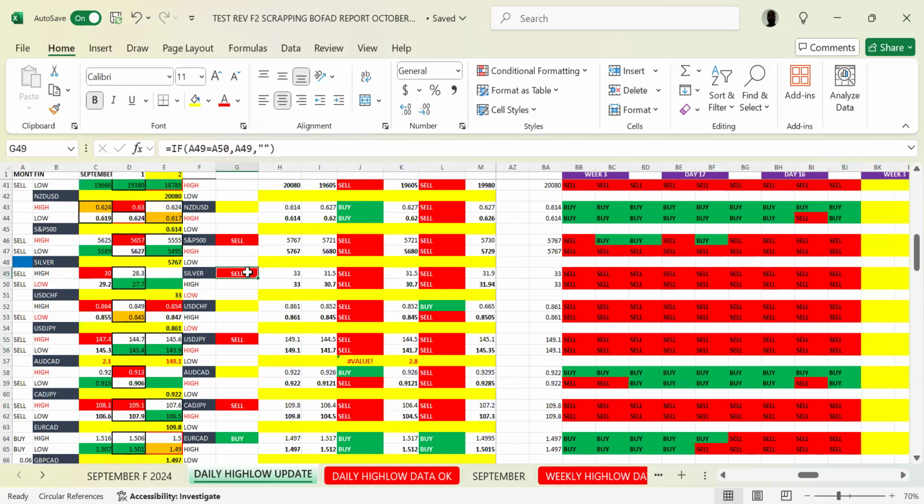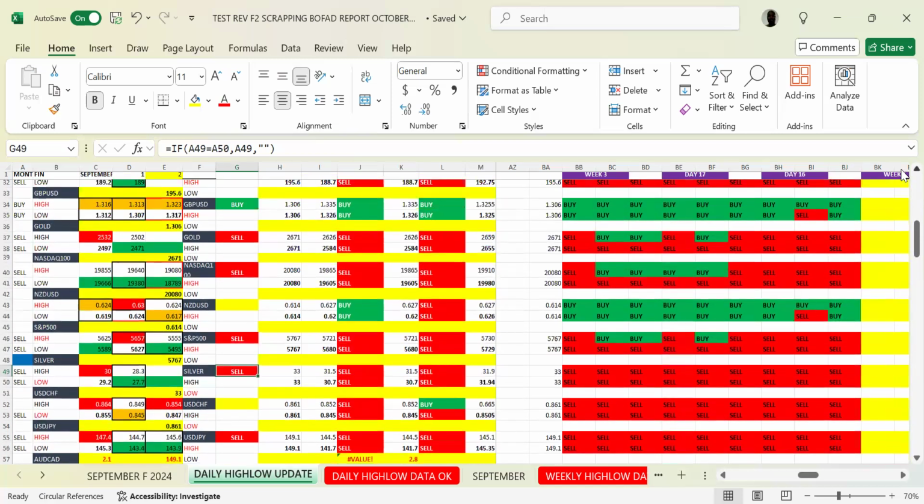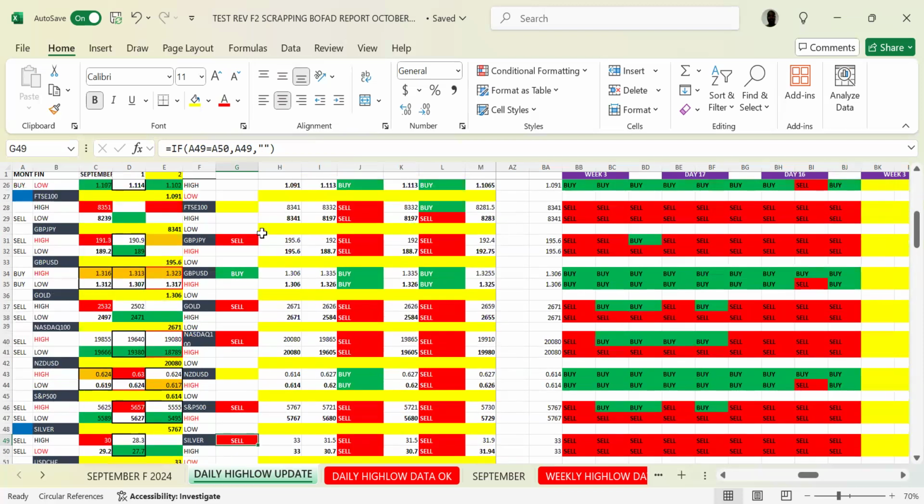Silver and gold, silver and S&P, you can see we have sell on the left, we have sell on the right, which gives us more information as well. Again, look at Nasdaq, gold, we have sell on the left, we have sell on the right. GBP USD, we have buy on the left, we have buy on the right.